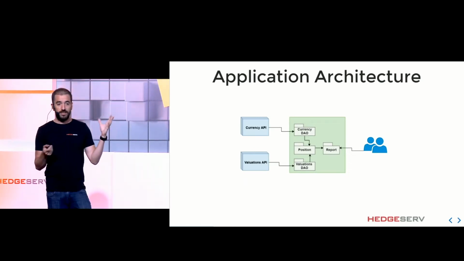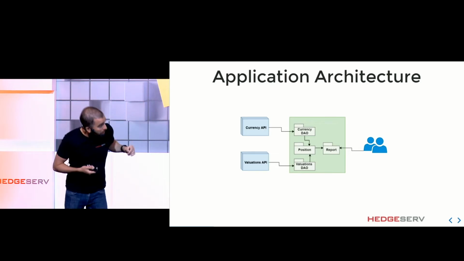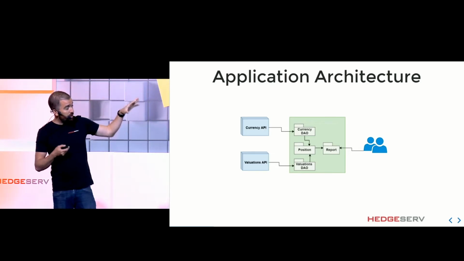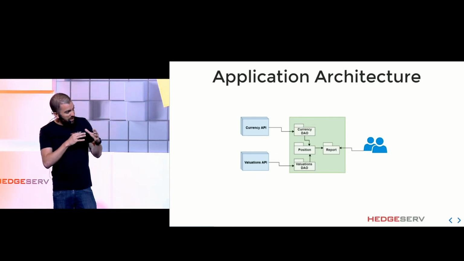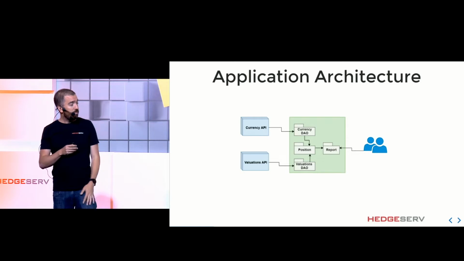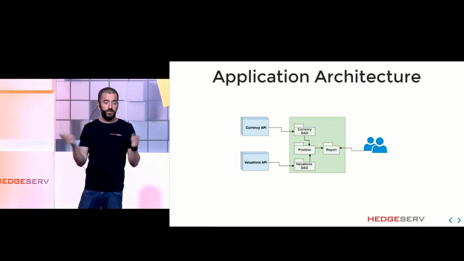So this is how you could see the architecture as a diagram, and you can see we've got some currency API and evaluation API, and then some data access objects, and we're funneling into this position thing that's doing calcs, and then we're exposing that over a report, so that does RESTful things for you.